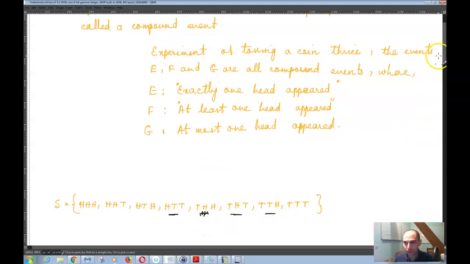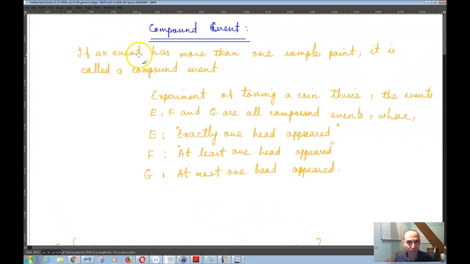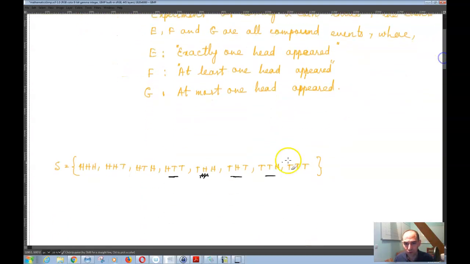As we said, if an event has more than one sample point, it is called a compound event. More than one sample point, 1, 2, 3. So you can call this a compound event.